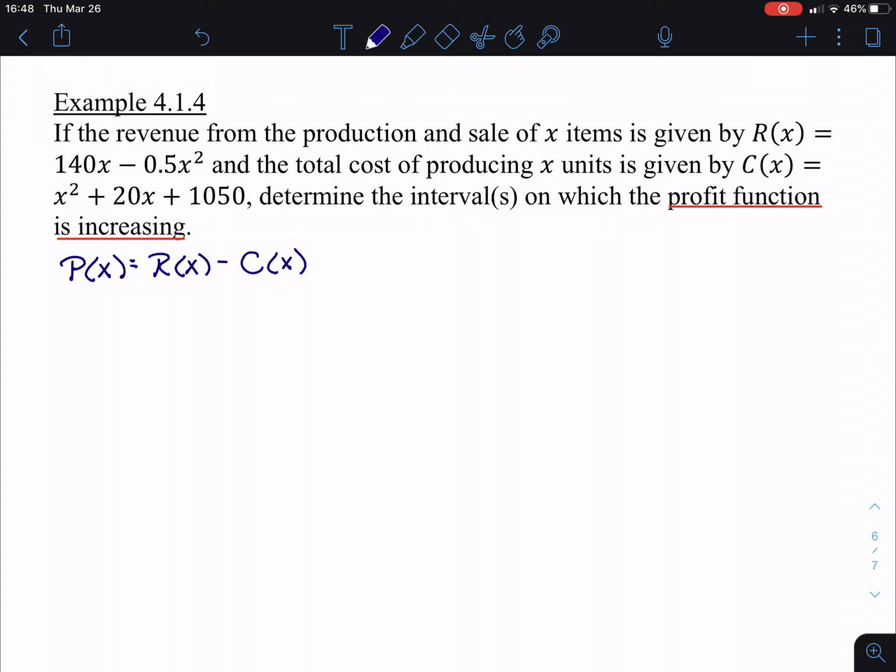And we're given both the revenue and the cost function in this case. So our revenue function is 140x minus 0.5x squared. And I'm subtracting from that my cost function. Now notice you have to put the cost function in parentheses because the negative of the subtraction is going to apply to every term in your cost function.